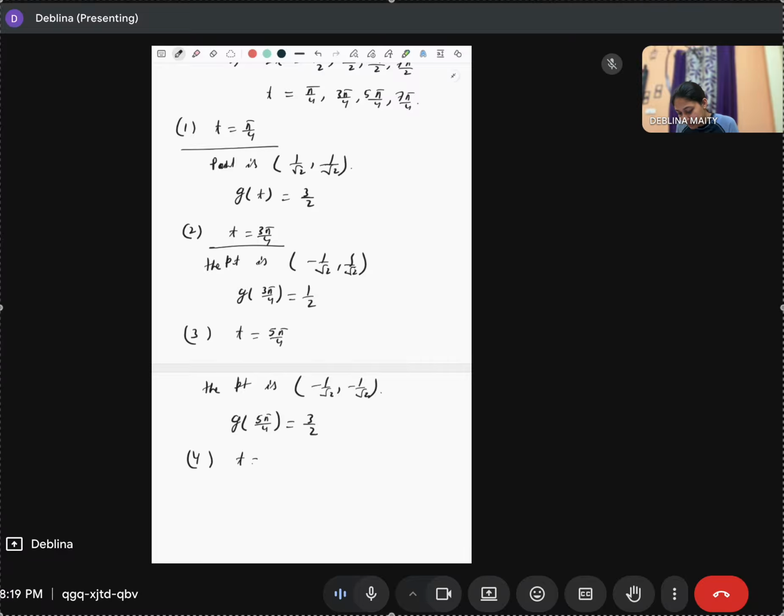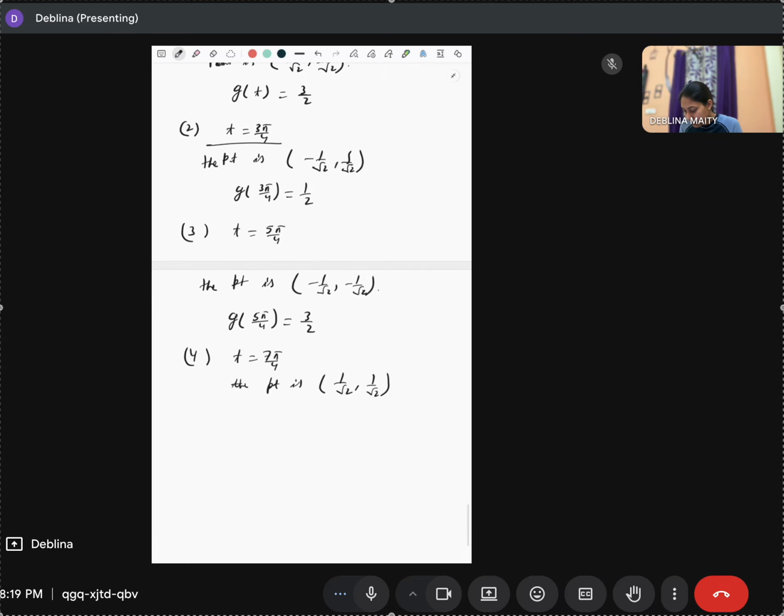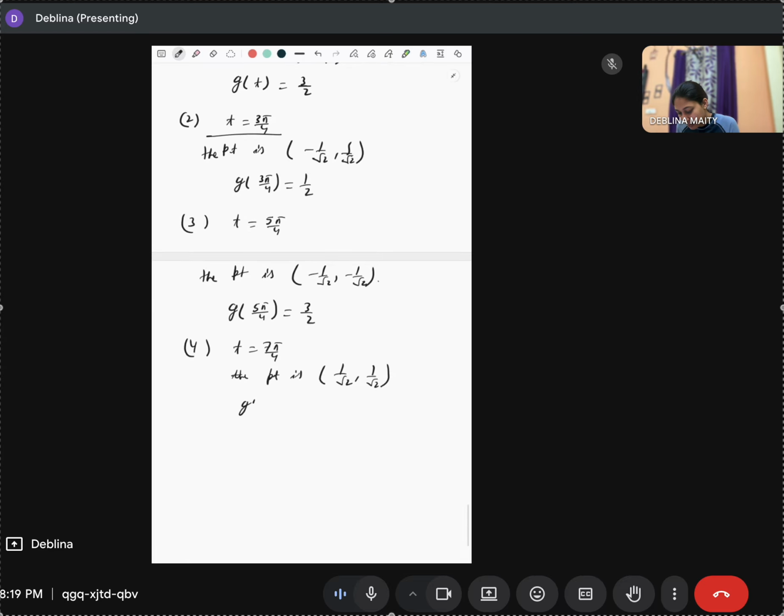And at t equals 7 pi by 4, the point is (1 by root 2, minus 1 by root 2), and the functional value is half, right?